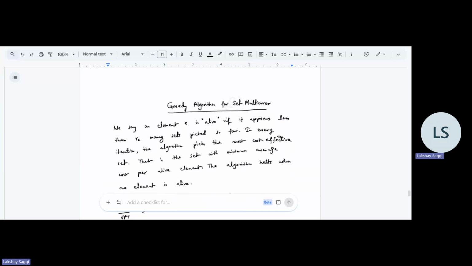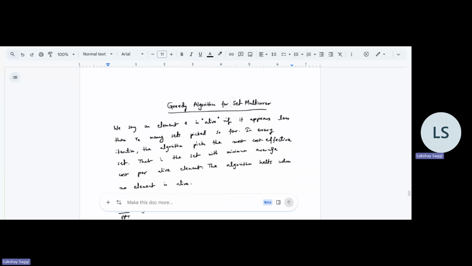In every iteration, the algorithm picks the most cost-effective set, that is, the set with minimum average cost per alive element. You see which elements are alive, and from the remaining sets which you have not picked, select the set with minimum average cost per alive element.